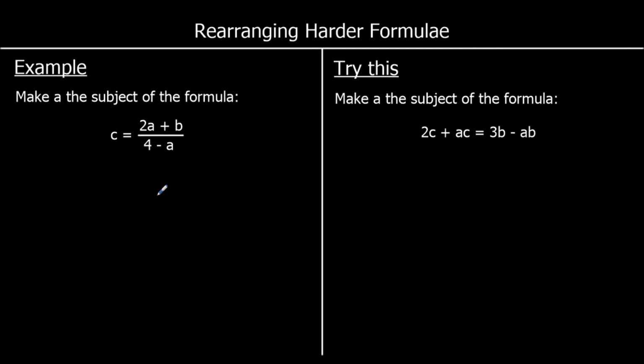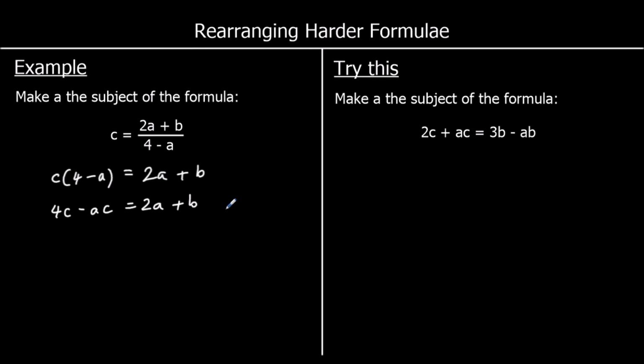So times both sides by 4 minus a. So we have c times 4 minus a equals 2a plus b. So expand the bracket. C times 4 is 4c. And c times a negative a is negative ac. So we've got 4c minus ac equals 2a plus b.